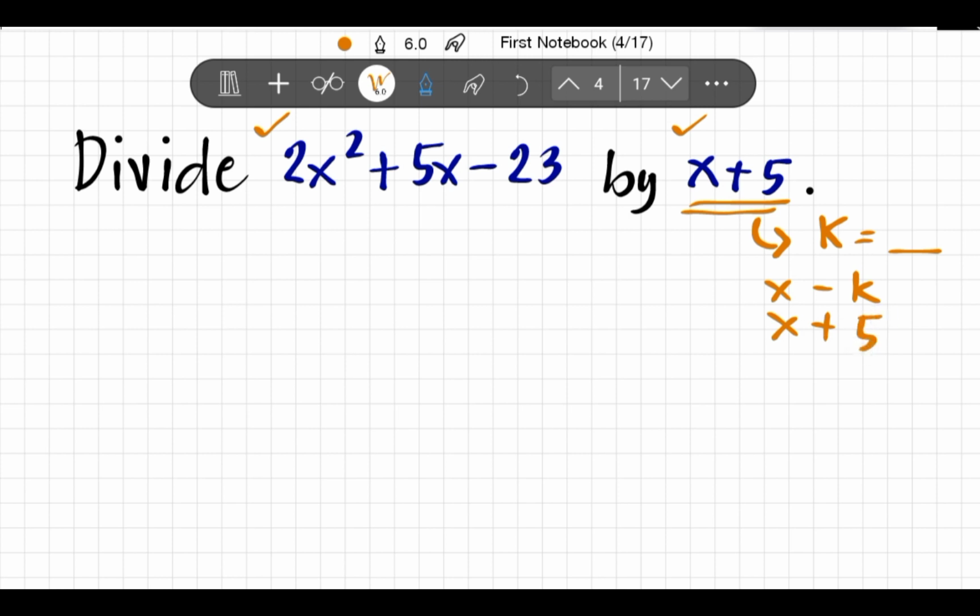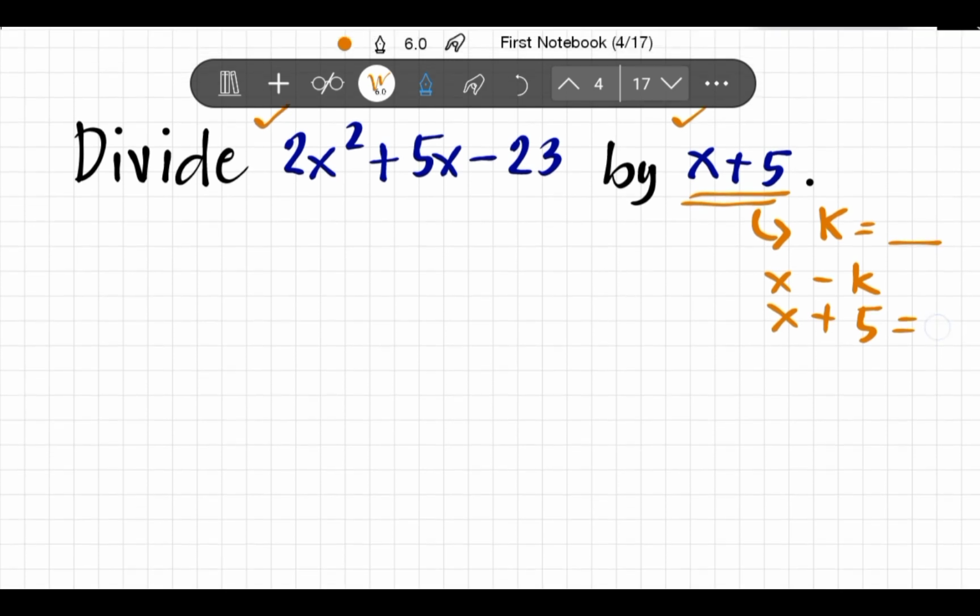If we equate x plus 5 to 0, you can find that x is equal to negative 5, because if you transpose positive 5 to the right, it will change its sign. So it will become x is equal to negative 5. Therefore, the value of k is negative 5.